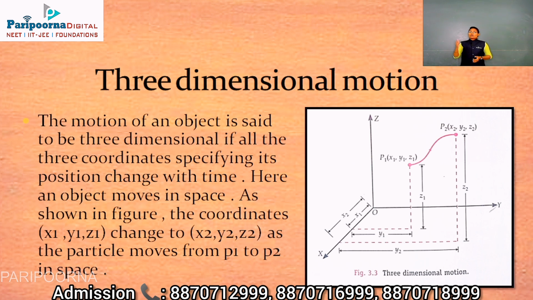If the motion of an object is three-dimensional, all three coordinates specify the position of the object with change of time. Here the object moves in space in three-dimensional motion. As in the image we can see, the coordinates x1, y1, z1 change to x2, y2, z2 as the particle moves from P1 to P2 in space.